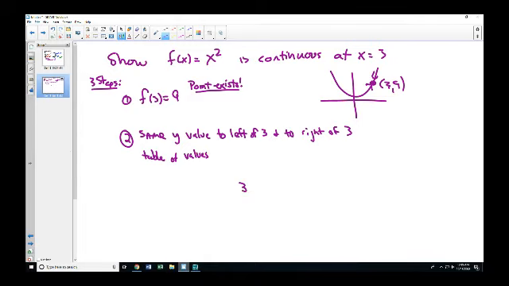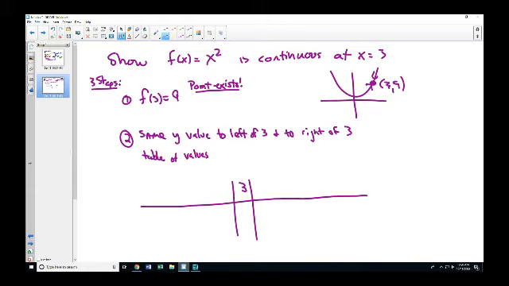3 is in the middle. What's a number really close to 3? 2.9.